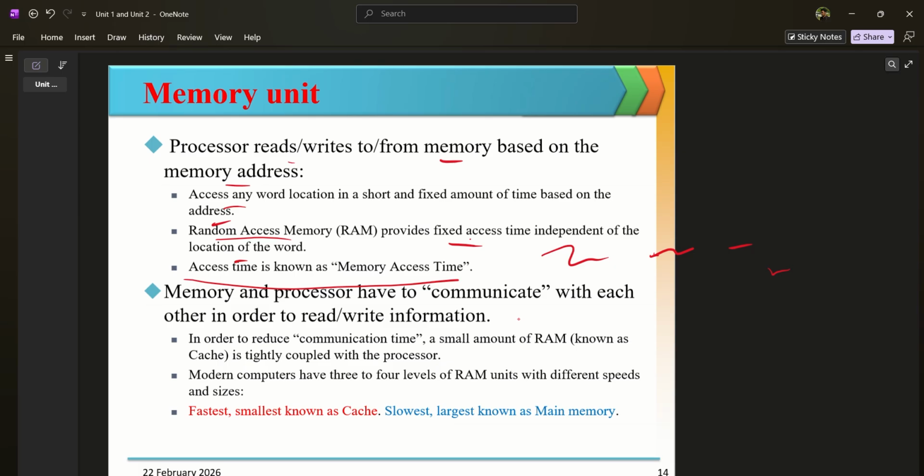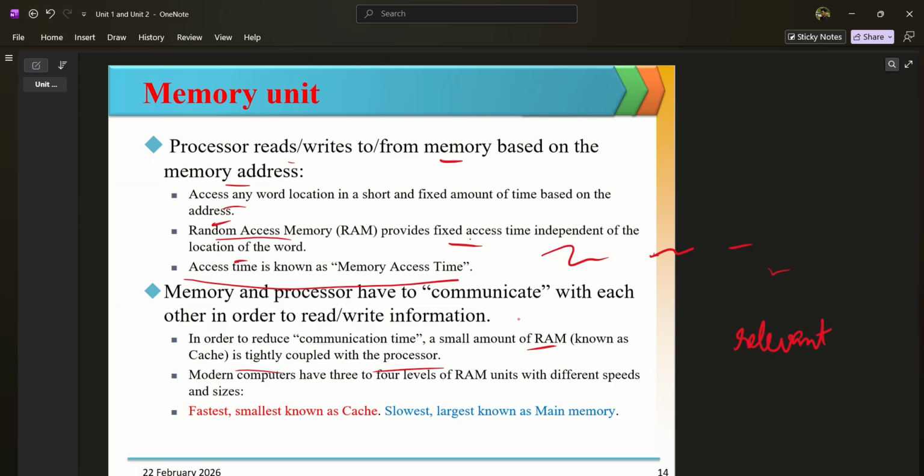Memory and processor have to communicate with each other in order to read and write information. In order to reduce communication time, a small amount of RAM is tightly coupled with the processor. Random access memory gives a fixed access time, but some data bits are required more by the processor than others. So the computer keeps the relevant and frequently used information from the RAM in a thing called cache, which is tightly coupled with the processor.